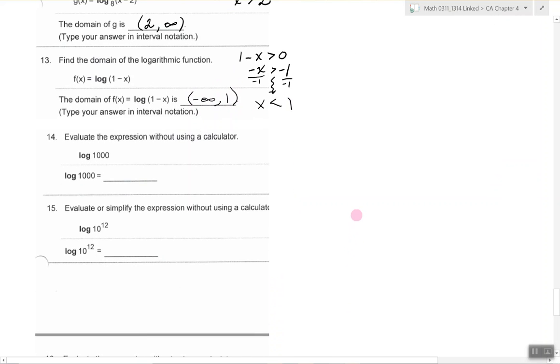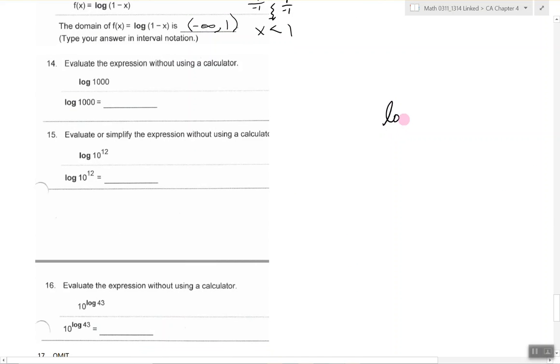Now, in these next ones, they ask us to simplify without using a calculator. And what I'm going to do is refer back to what we did in the previous lesson. And remember that if you have log base b of x is equal to y, that you could rewrite that in exponential notation. Base b to the y power is x. The logarithm is equal to the exponent.